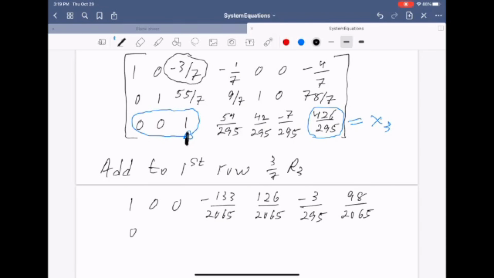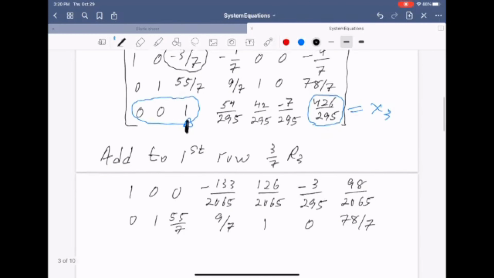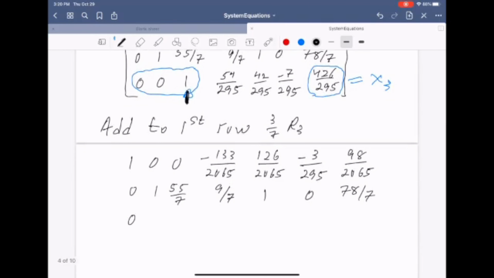And let's just keep this other one intact. To the next step, 9 over 7, 1, 0, 78 over 7, and the final one is the same as we had before. So 54 over 295, 42 over 295, minus 7 over 295, and 426 over 295.